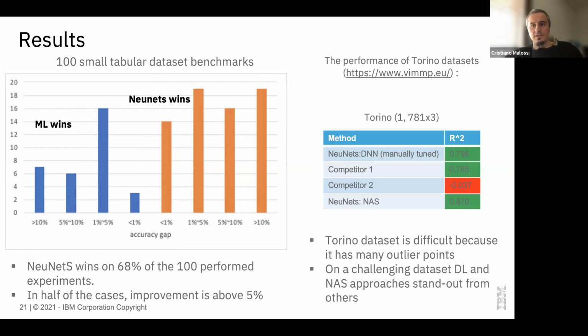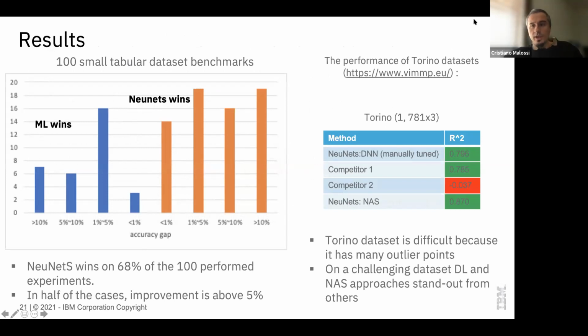So it's a very unfair comparison because those benchmarks are small data sets where we know that ML does great. And we tried to use deep learning there to see how much better we could do. And we could do much better with neural architecture search. And we win 2 times out of 3 in this very unfair benchmark for NeoNet.